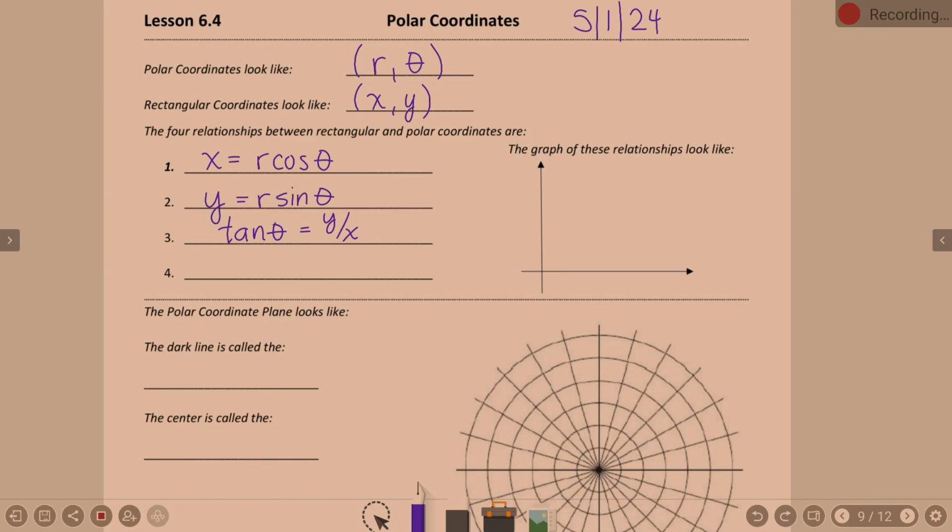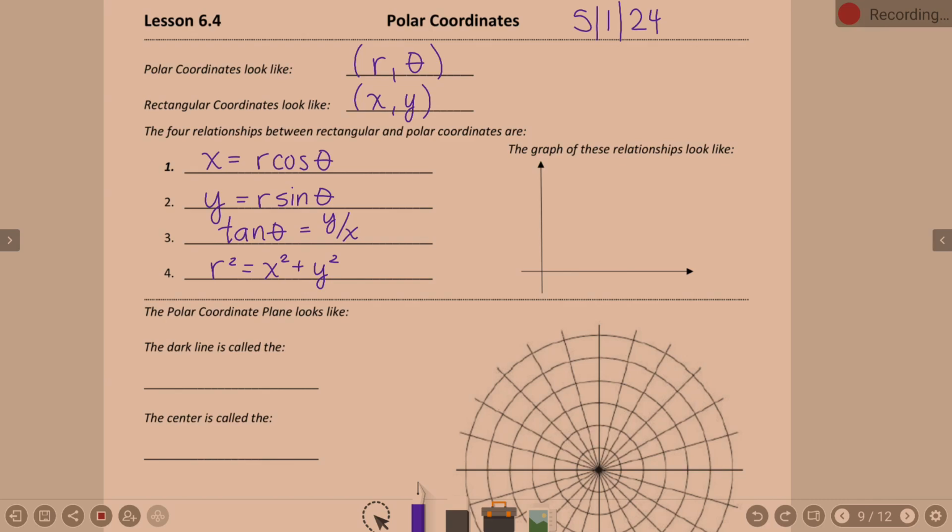And our last connection is essentially the Pythagorean theorem, but we're going to look at this all in a triangle: r squared equals x squared plus y squared. We've used that connection a little bit when we were drawing our right triangles, when we were first trying to find our trig relations. So r squared equals x squared plus y squared.